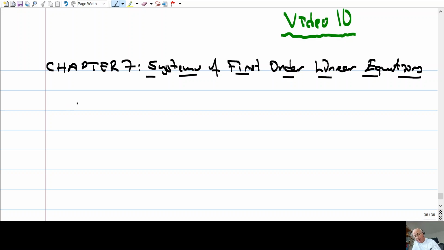Here we are again dealing with ordinary differential equations, but since it's a system, we have more than one unknown function.